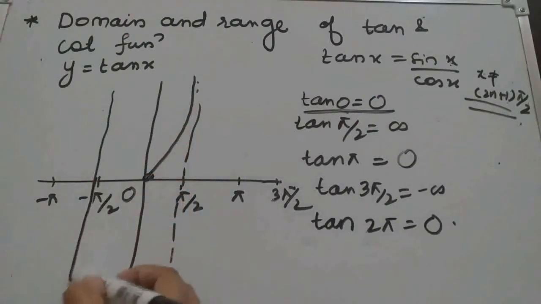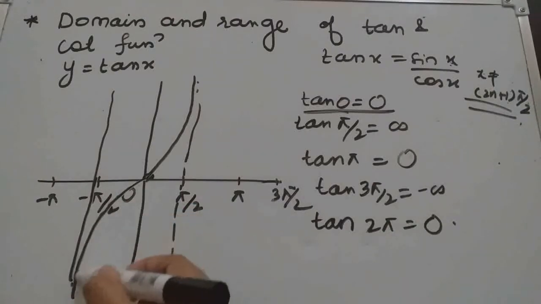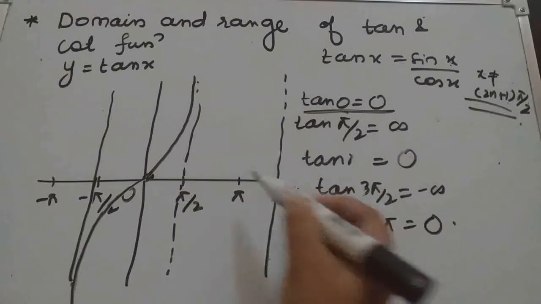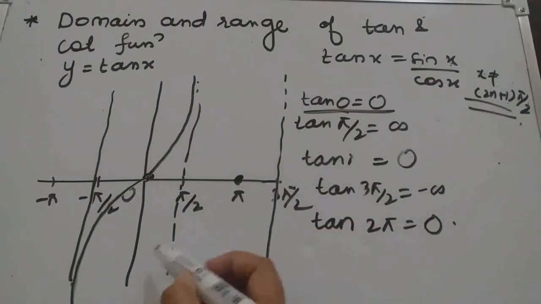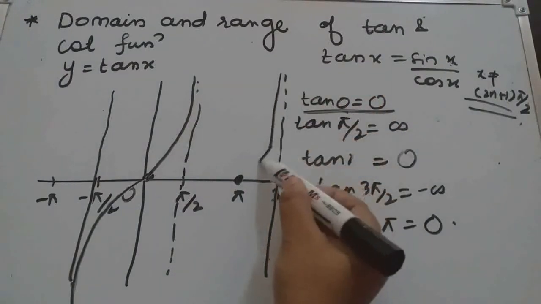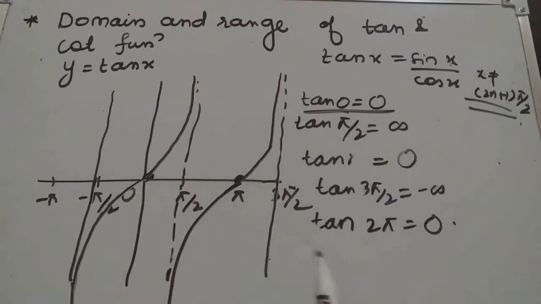Sine of minus pi by 2 means minus 1. So like this it will come. Again at 3 pi by 2 it is infinity, at pi it is 0. So it will come like this. So this is the graph of tan x.